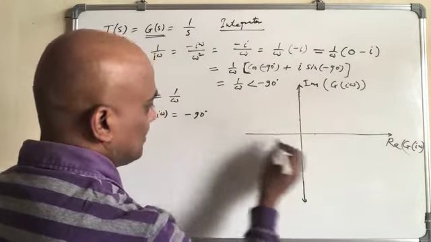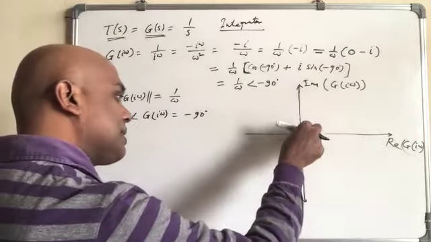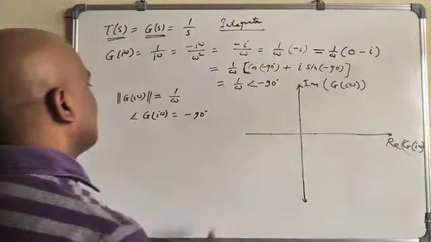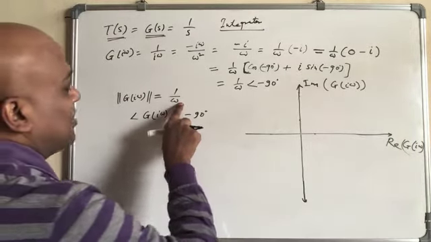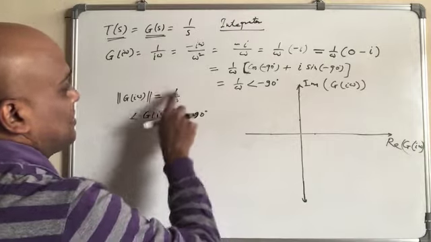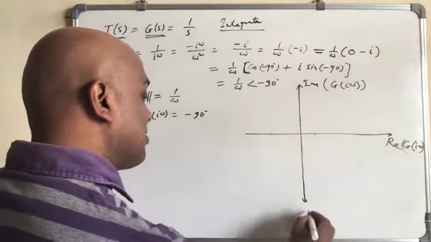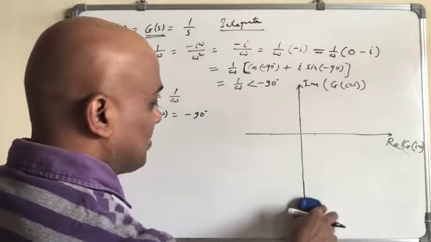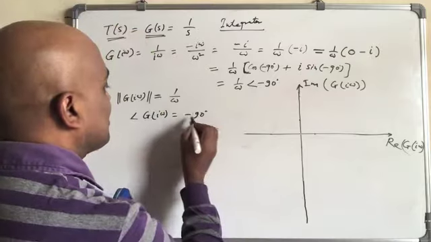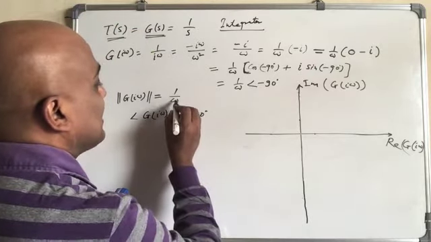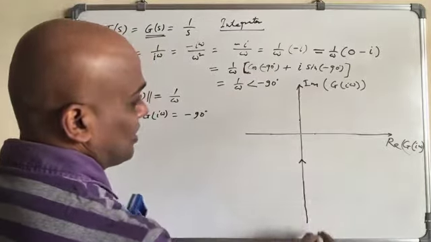The minus 90 degrees line is here, so all the values have to be on this line. When ω equals 0, you see it becomes infinity, so ω equal to 0 will be at infinity somewhere, and when ω equals infinity, the magnitude equals 0. So the value moves from here to here.